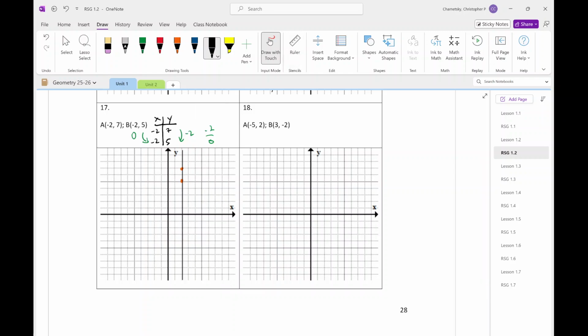And we don't use point slope for that. We're going to write this out as a vertical line equation, which is just going to be x equals 2. Oops, I put those in the wrong spot. That's negative 2. Let's fix that. Sorry. Negative 2, 7, and negative 2, 5.